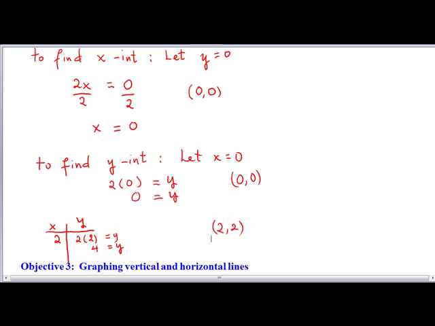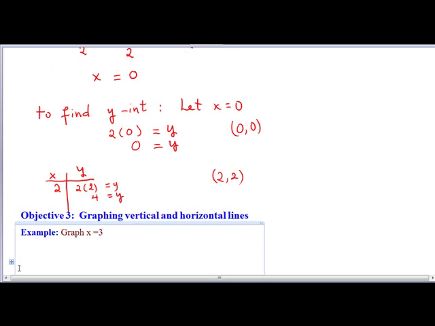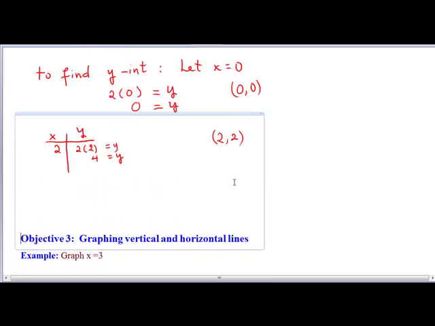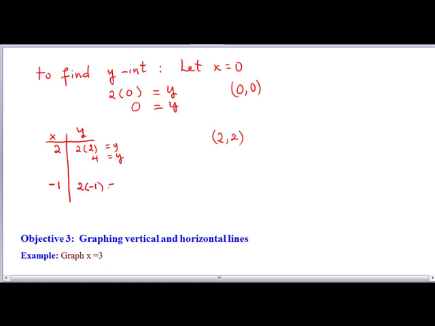Okay. I have a 0, I have a positive number. Let's try to have one more point, just to make sure I have a good graph. So I'm going to pick another point, minus 1. So when x equals minus 1, 2 times minus 1 equals y.